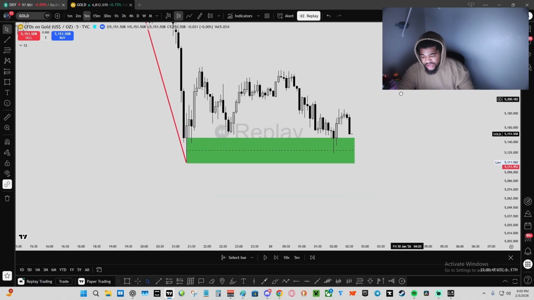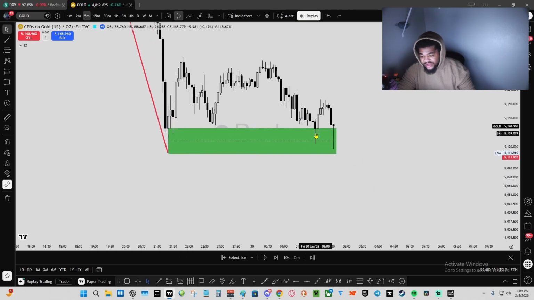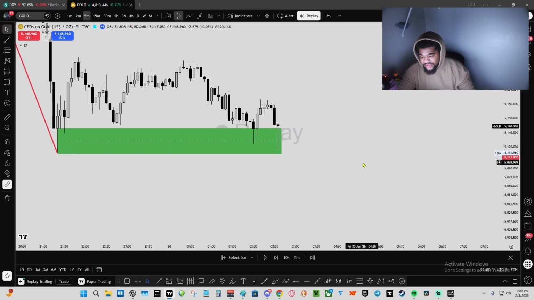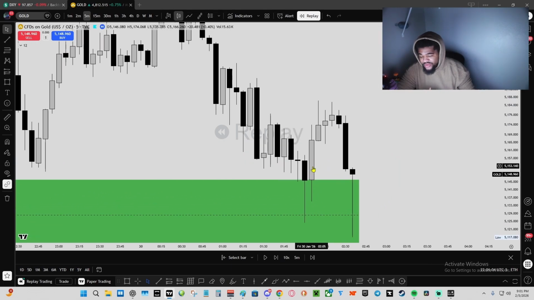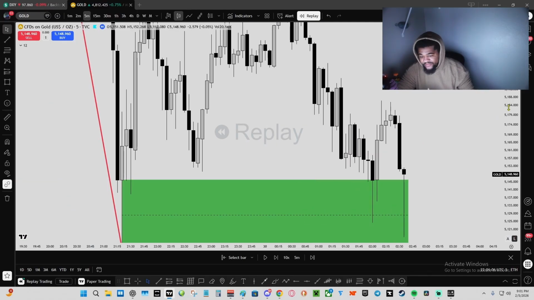See, here again, the villains they came down into that area. This is a villainous candle, and we can see here that they got pushed away, right? Because there's this giant trail here. They got pushed away where the heroes started to step back in.